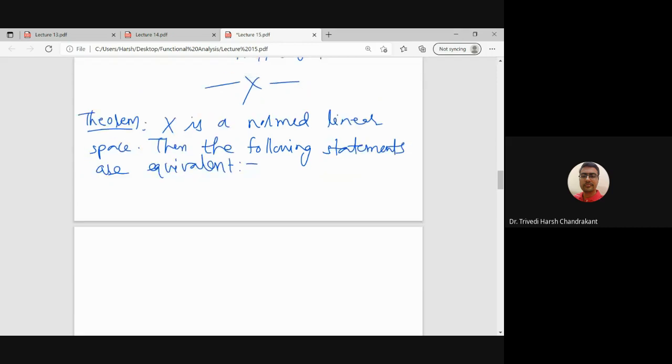The first statement is that every closed and bounded subset of X is compact. That is essentially the Heine-Borel property, right?